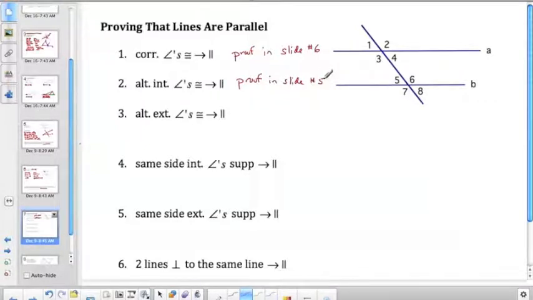Okay, so number 3 says that if alternate exterior angles are congruent, then we get parallel lines. So let's start with angle 1 congruent to angle 8. That's our given. Well, angle 1 and angle 8, those are alternate exteriors. We're saying they are congruent. Well, we can say that angle 5 is congruent to angle 8. And that's because vertical angles are congruent.